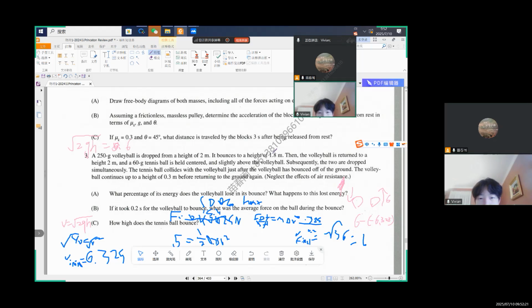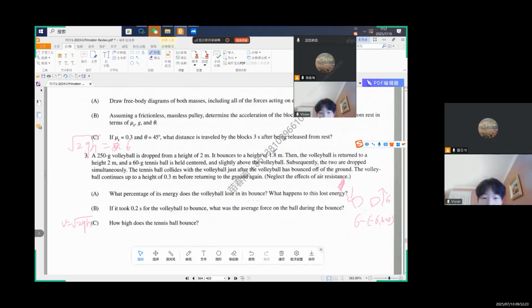How high does a tennis ball bounce? This is 15.4. The tennis ball collides with the volleyball just after the volleyball bounces off the ground. Okay, so the collision means the volleyball transfers all of its energy to the tennis ball?